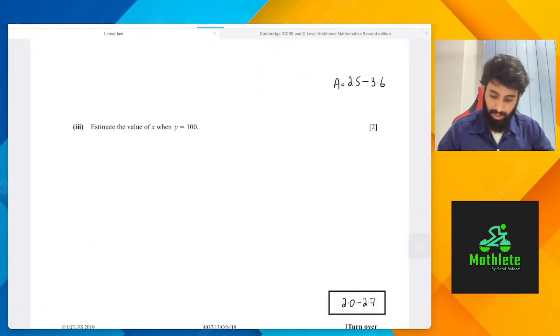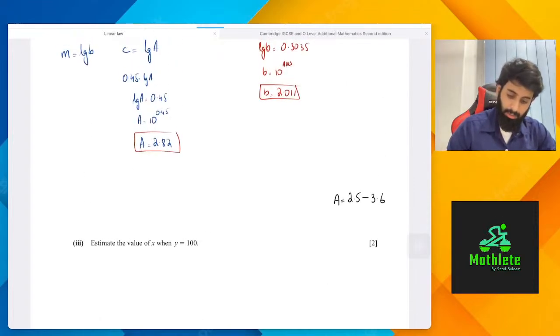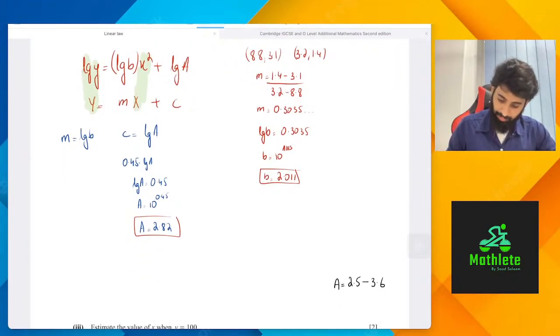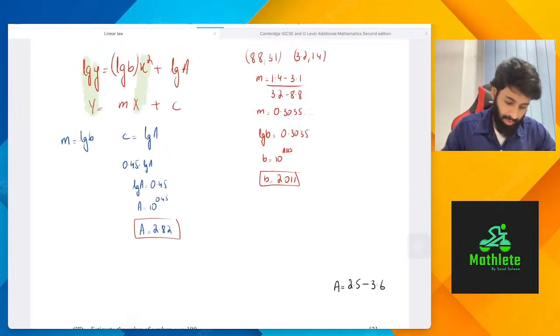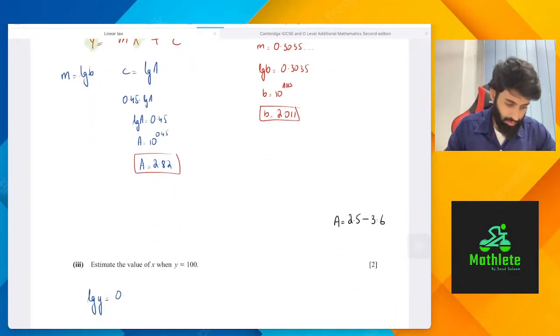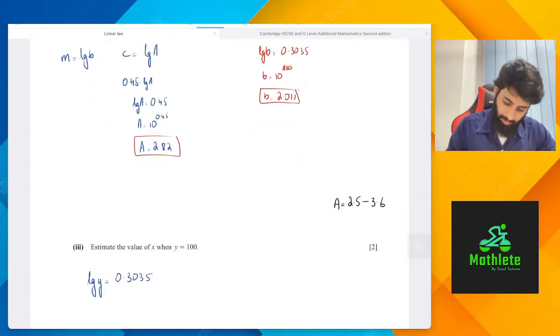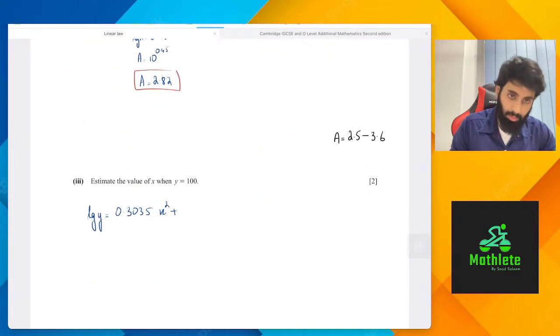Then it says here, estimate the value of x when y is equal to 100. Remember, our equation is now complete. We have our equation over here: LGY is equal to m, which turned out to be 0.3035, x squared plus LGA, which turned out to be 0.45.